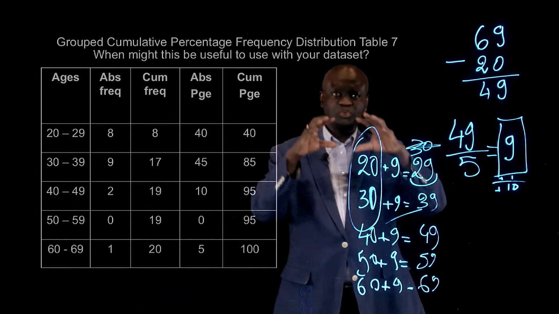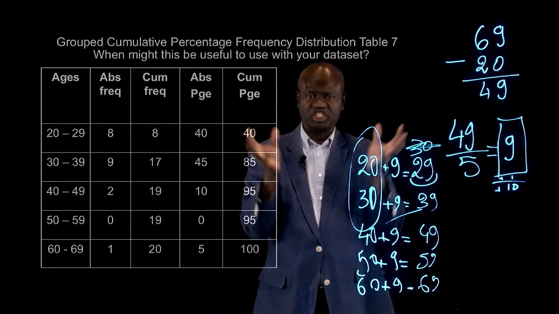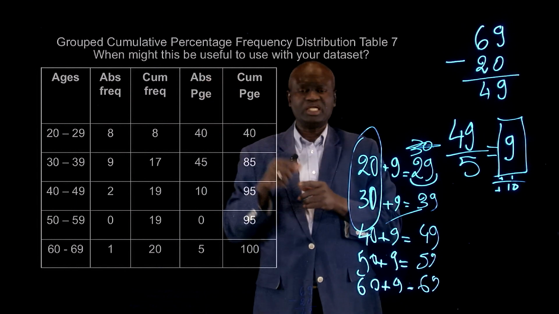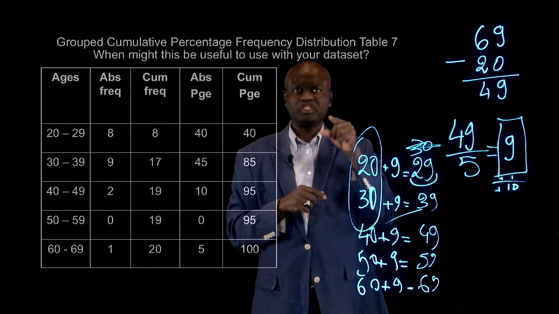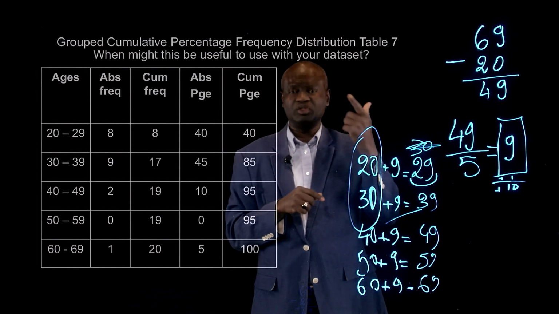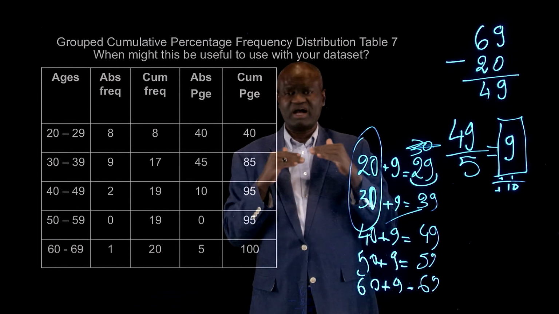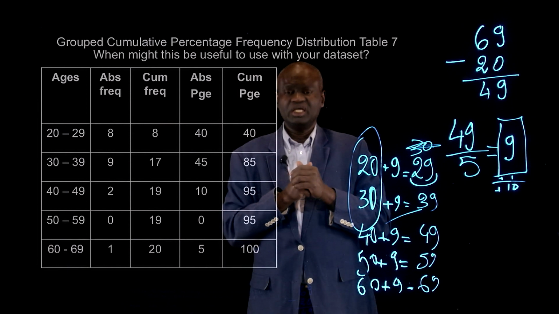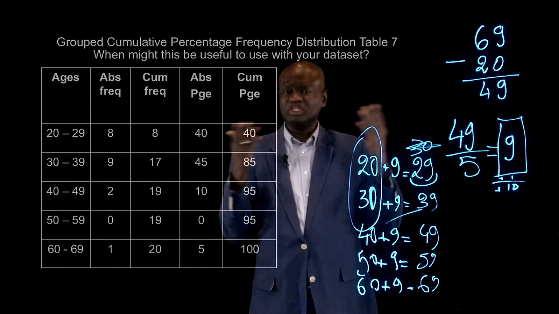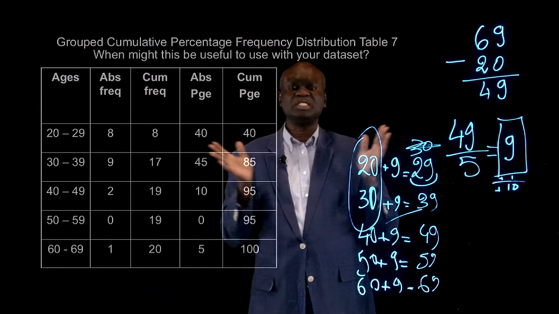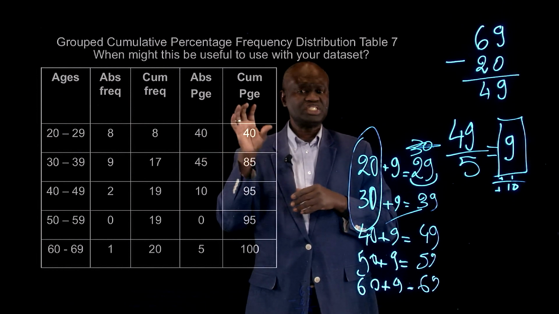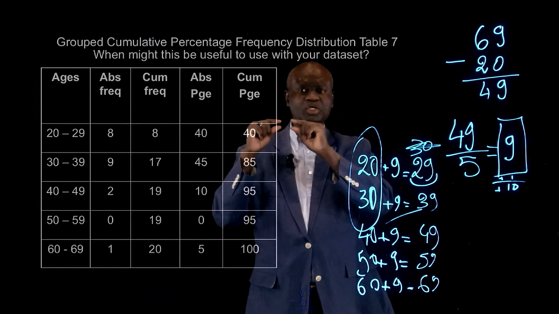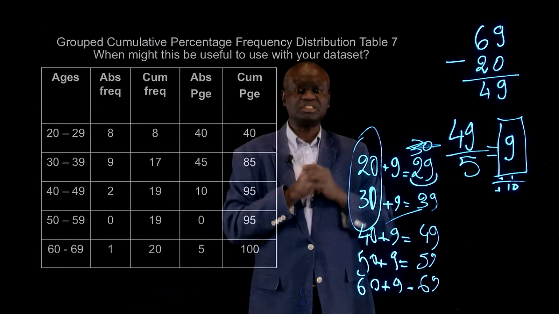So grouped because we want to know groups of age. And in the previous one, we wanted to know the number of individuals who have a certain age. That one was just a frequency distribution table. But this one, in the books, you will see it called grouped frequency table.